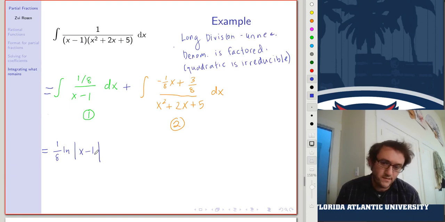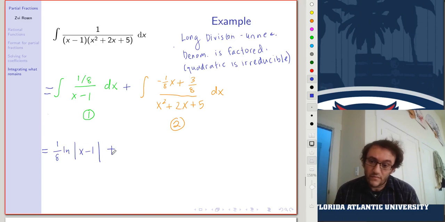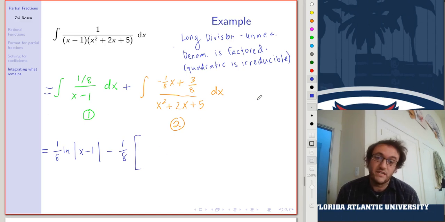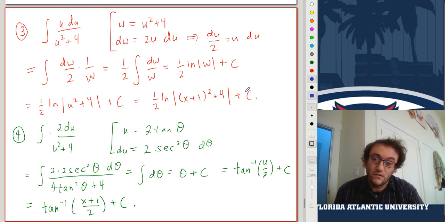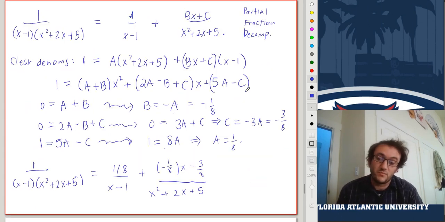Okay, and I'm going to wait to just put all of the constants together at the end. Okay, plus, or rather, minus 1/8 times 3 plus 4, which is 1/2 ln x plus 1 squared plus 4 plus c, but again the constants we leave out, and arctangent of x plus 1 over 2.